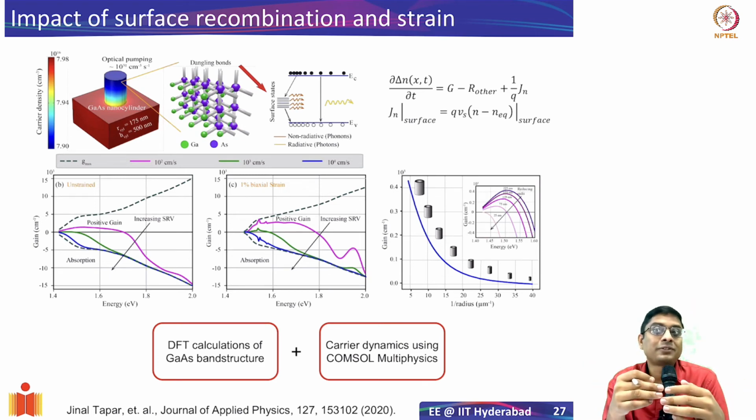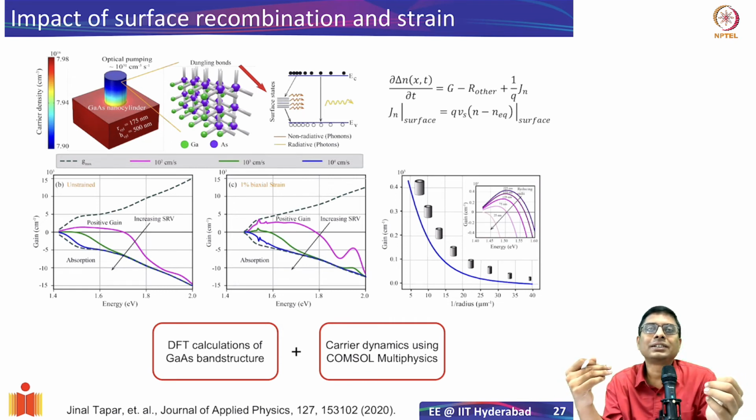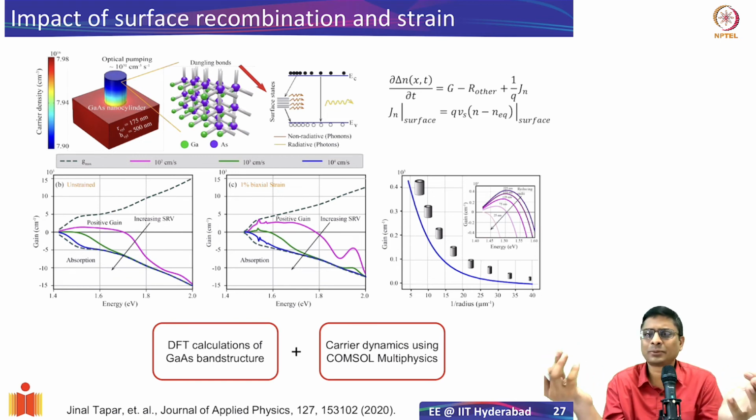There is this constant flux of carriers from the center of the nanoparticle towards the edge. There is a velocity with which these carriers move, and I can quantify surface recombination using this. If you look at the semiconductor physics, you might remember that the drift current is given by N e V, the charge times the number of electrons times the drift velocity in that case.